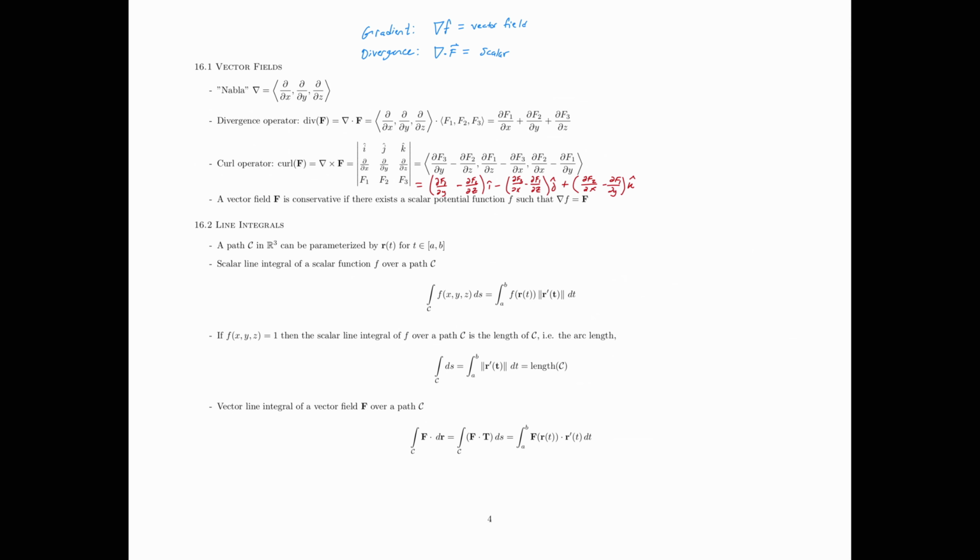So the divergence of a vector is a scalar, and the curl of a vector is a vector. It's a vector field. So that's important to know.